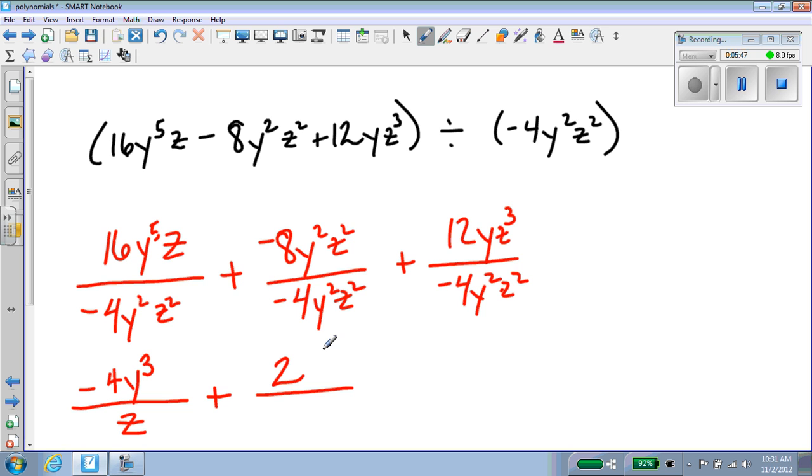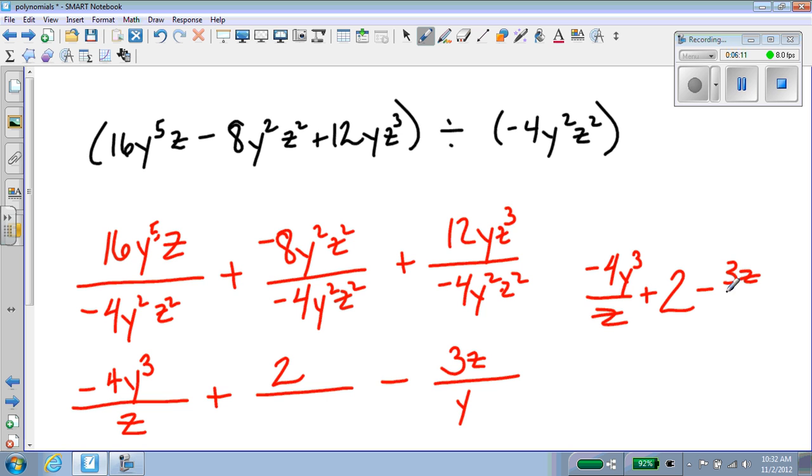The factors of y divide out, and so do the factors of z, minus 3. More y's on the bottom, factor of y on the bottom, factor of z on the top. So I'm going to call my answer negative 4y to the third over z plus 2 minus 3z over y.